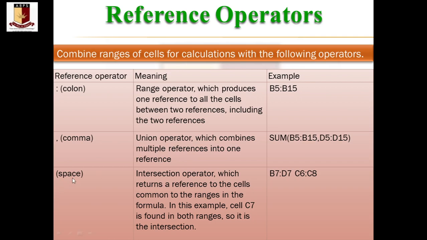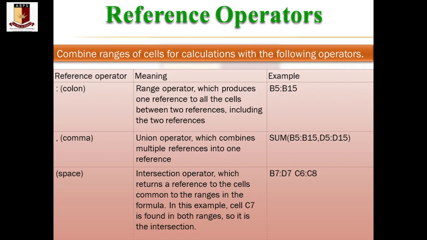Now the third one is the space one. Space means there is, we can say, an invisible operator. You just press the space bar, that is also an operator. It's called the intersection operator, which returns the intersection values of different ranges, where the two ranges intersect each other.